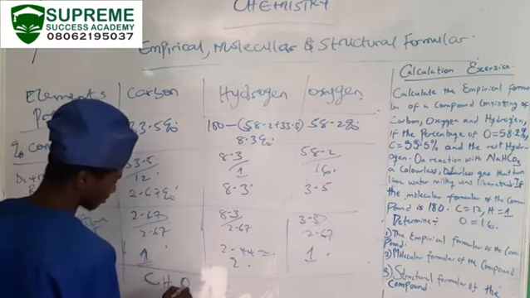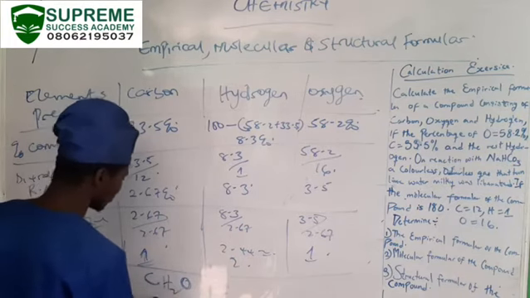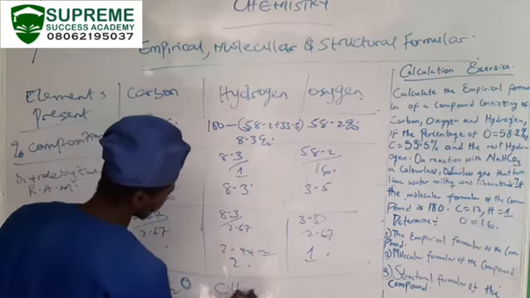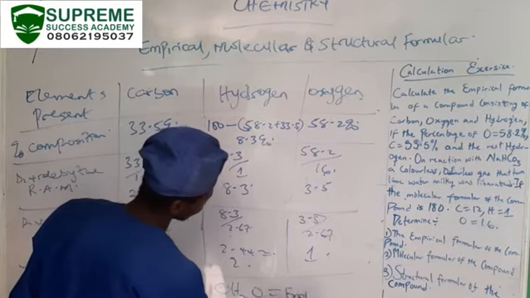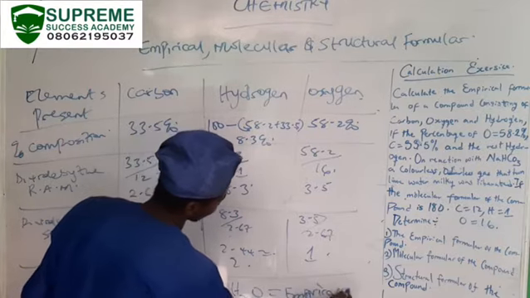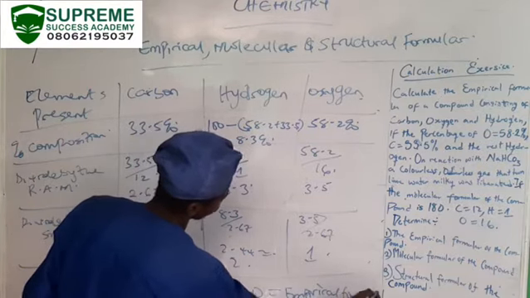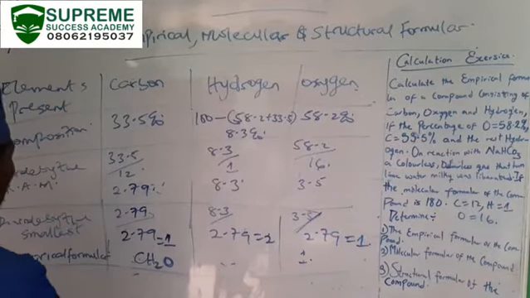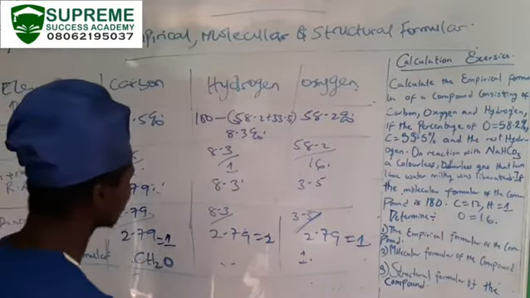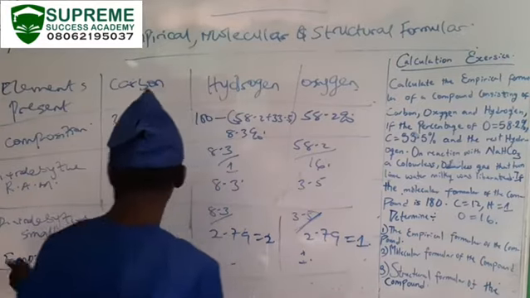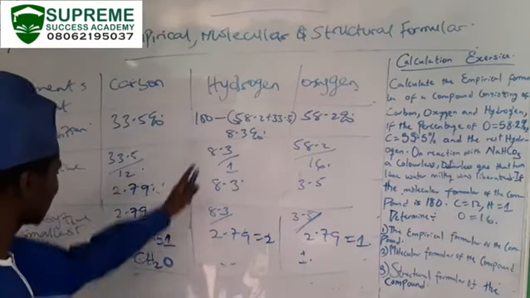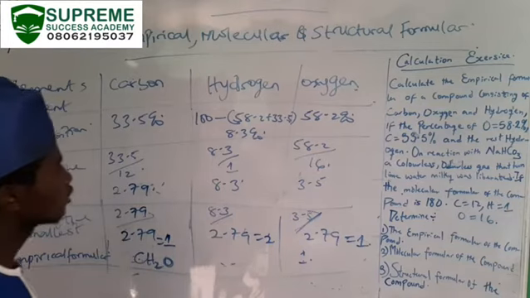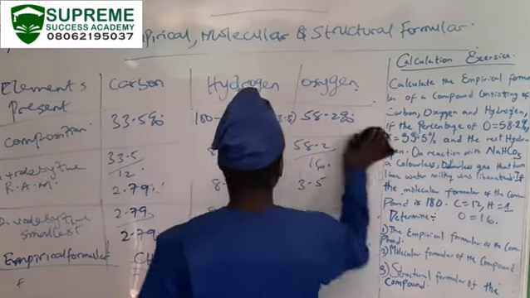Oxygen is 1, O. So the empirical formula of this compound is CH2O. That is our empirical formula. Number of carbon is 1, number of hydrogen is 2, and number of oxygen is 1. So we move on to the molecular formula.